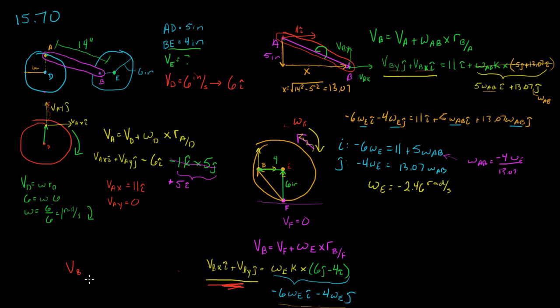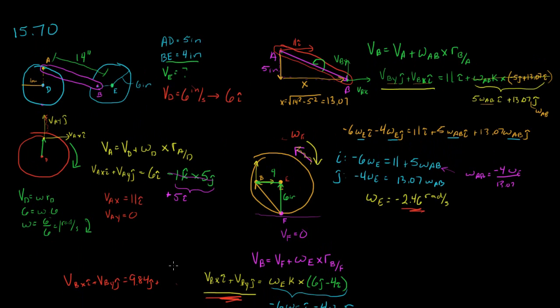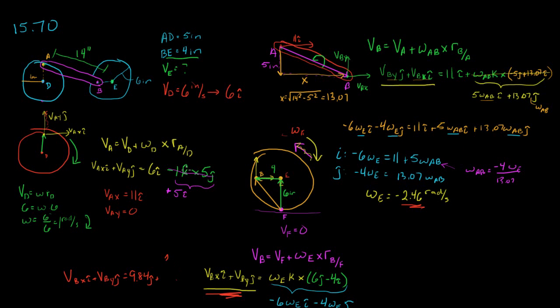The velocity of B, vBx i plus vBy j, is equal to, if we substitute this minus 2.46 in right here and right here, we're going to get 9.84j plus 14.76i. And so this is our velocity of B.